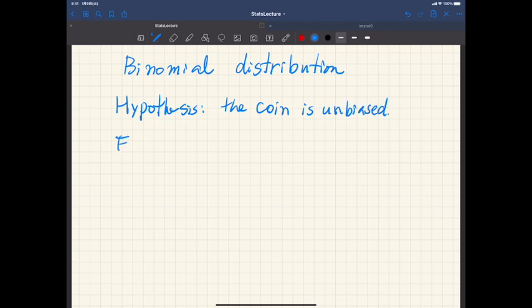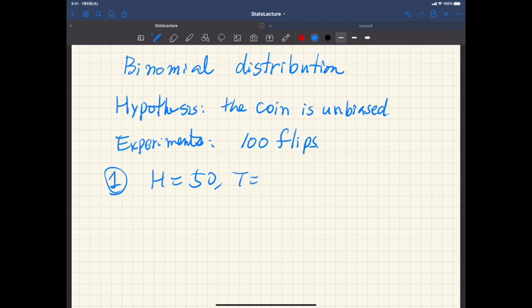So we do experiments, 100 flips of coins. Suppose we had 50 heads and 50 tails. In this case, we can model this experiment as a binomial distribution.